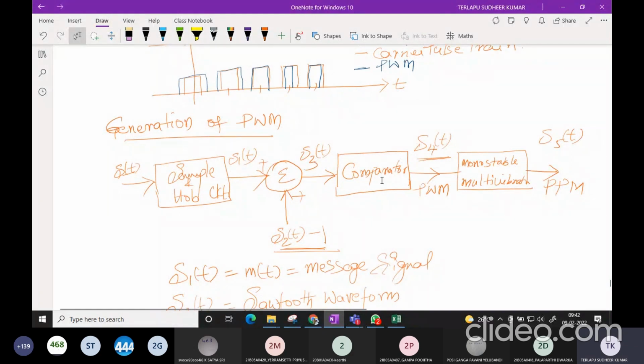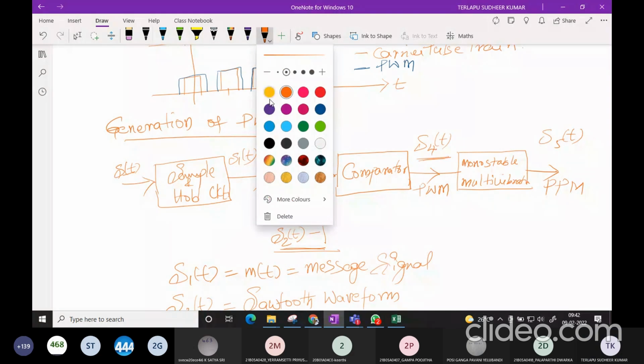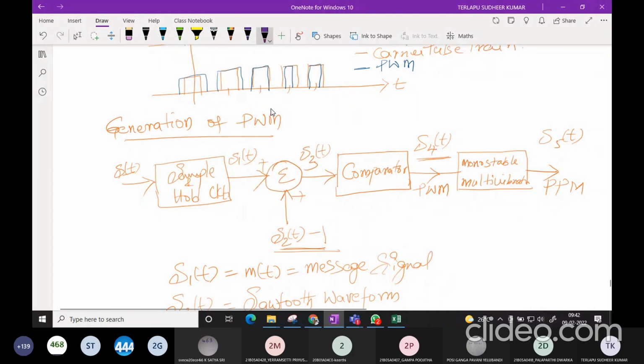Can anyone tell me what a comparator is? A comparator compares two signals. Then what is the output?